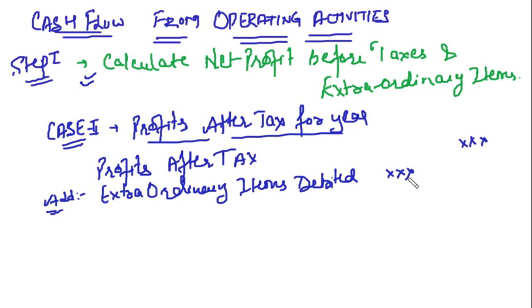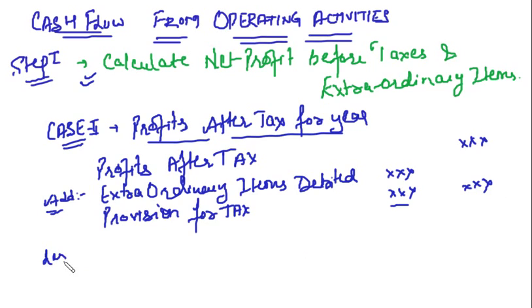So if we are given provision for taxation, we will add back any provision created out of the profits because it does not involve an actual cash outflow. Provision for taxation. Clear? So this is the amount that we will get.